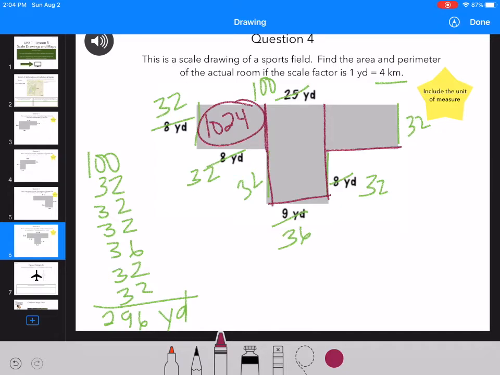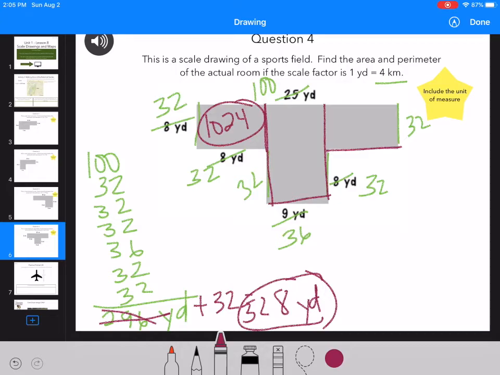So I've still got to add another 32. So I end up with 328 yards on my perimeter.